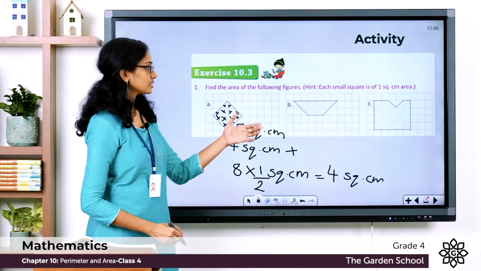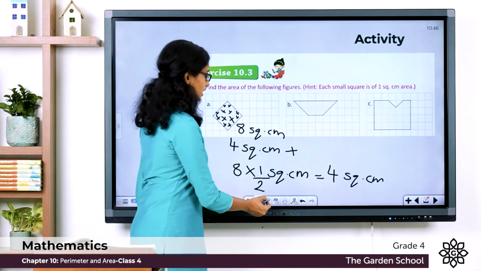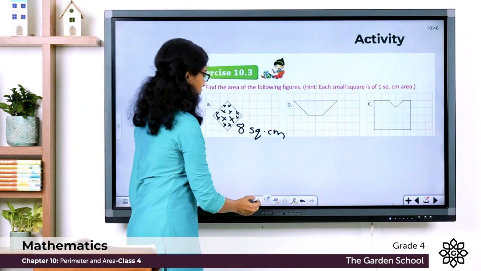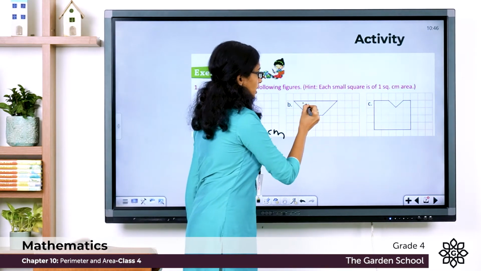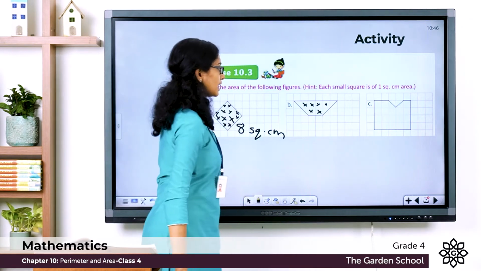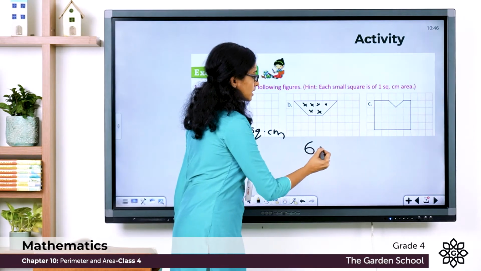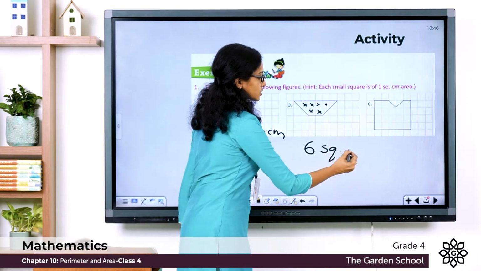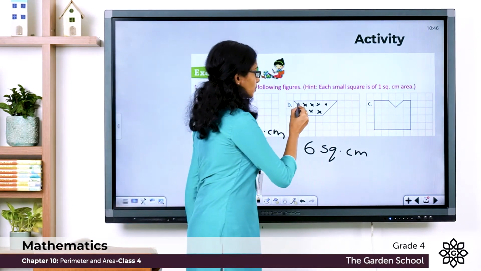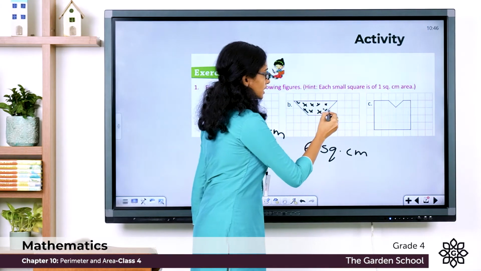Now, let's see the figure B. Now here, let's count the number of full squares first. So, the full squares are 1, 2, 3, 4, 5, 6. There are a total of 6 full squares which gives an area of 6 square centimeter. Now let's count the half squares. So there is 1, 2, 3, 4.